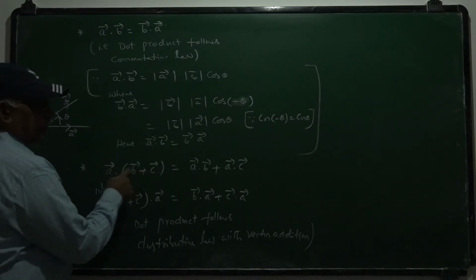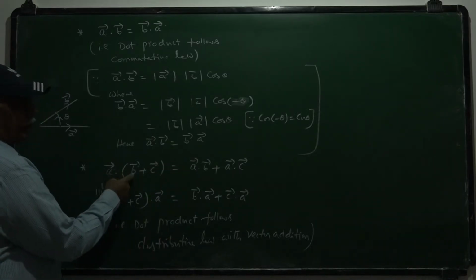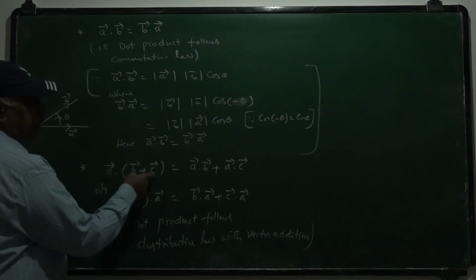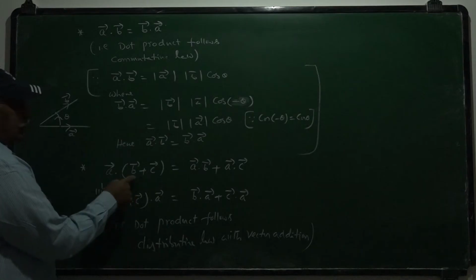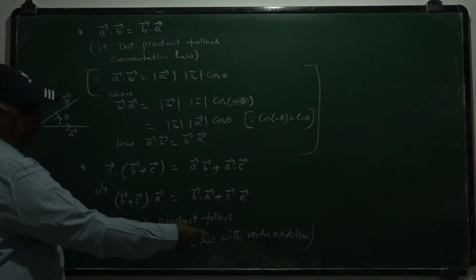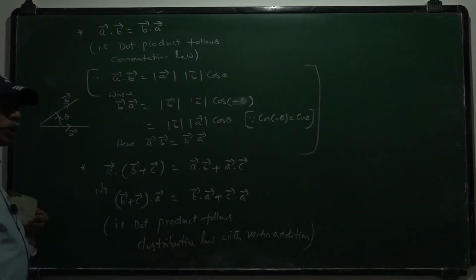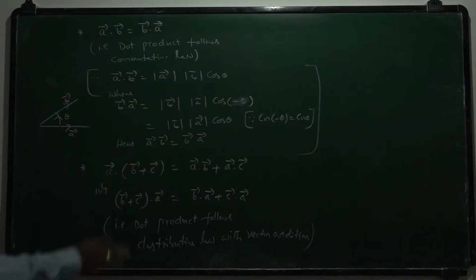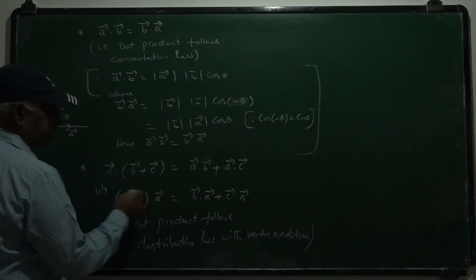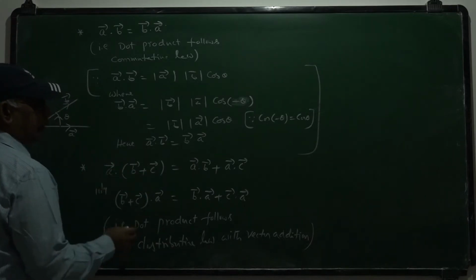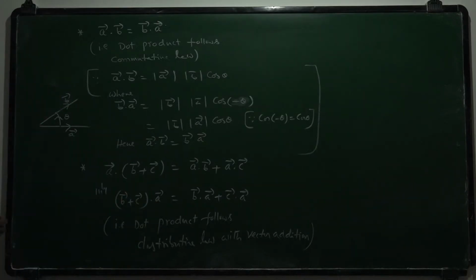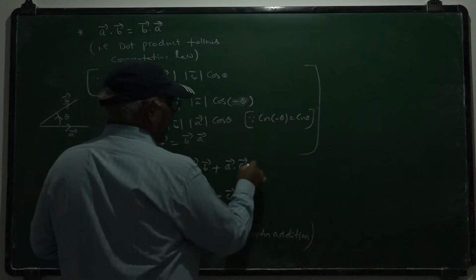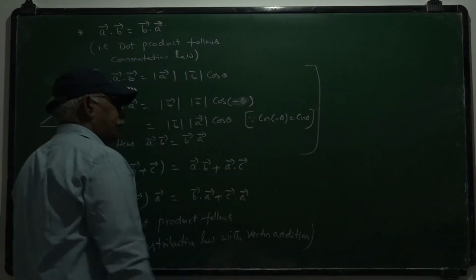A dot (B plus C) is A dot B plus A dot C. You can distribute the dot to the two vectors involved in the addition. This is the right distributive law and this is the left distributive law. Both right and left distributive laws follow in the case of dot product.